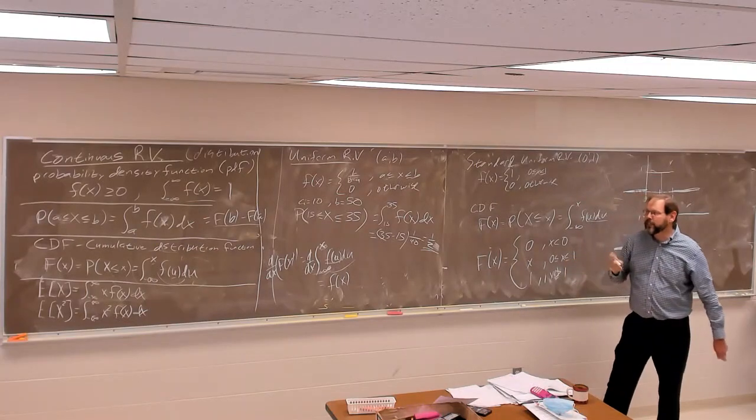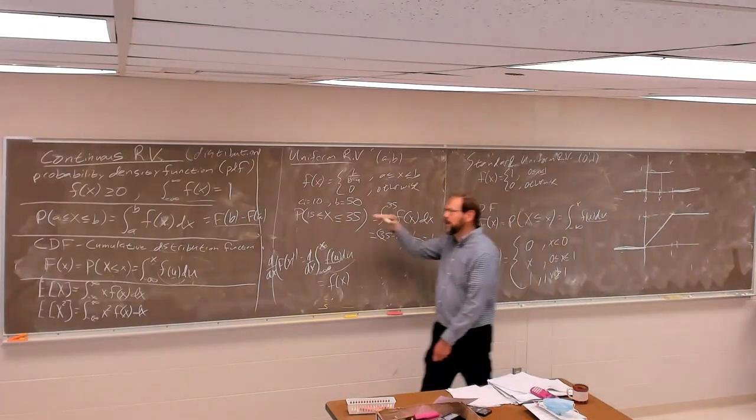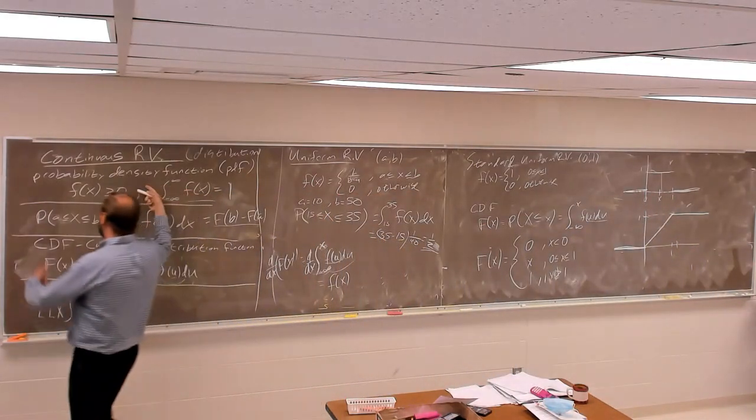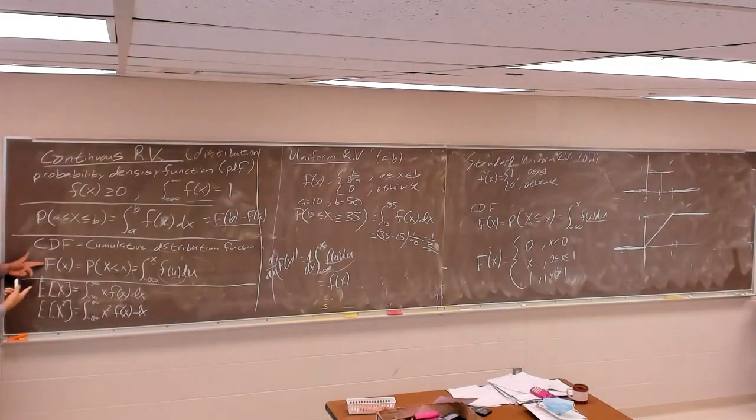Which tells me the relationship between the probability density function and the cumulative distribution function is that of an antiderivative, or if I go back this way, a derivative.